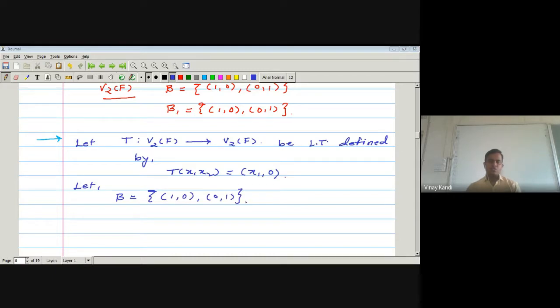This is the basis of our domain. Suppose E1 is equal to (1, 0) and E2 is equal to (0, 1).